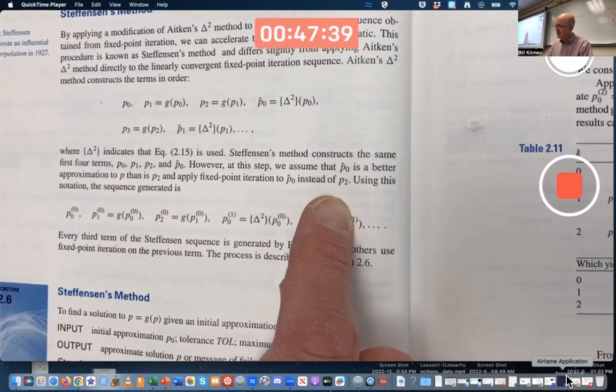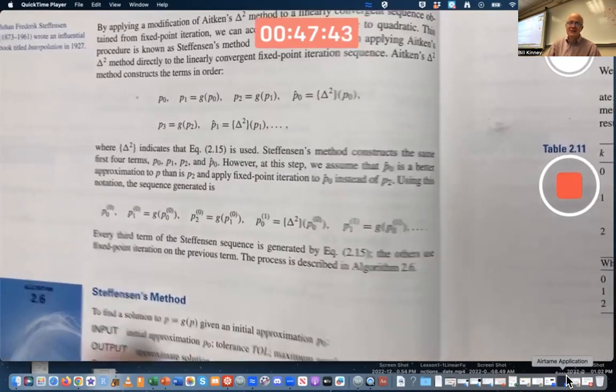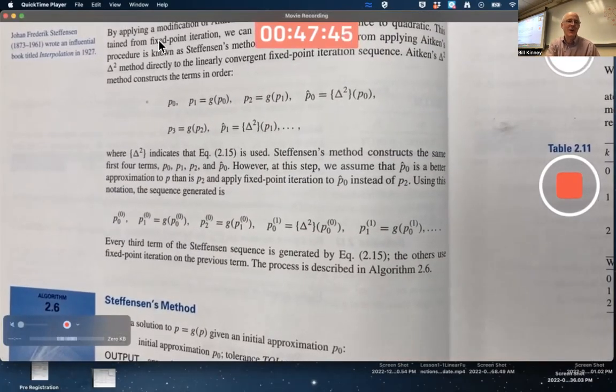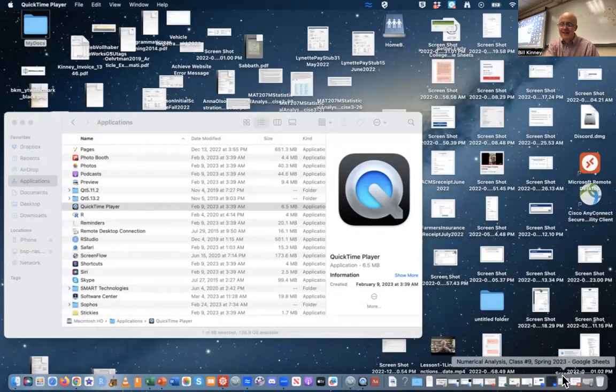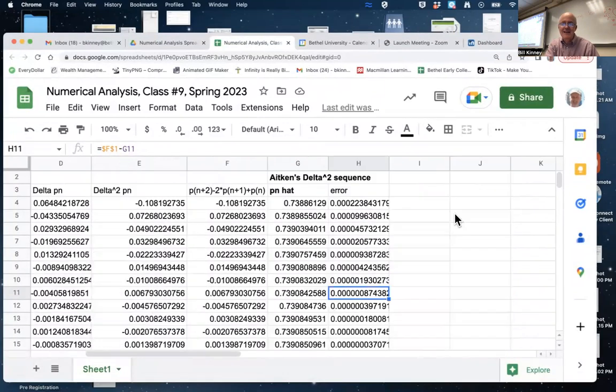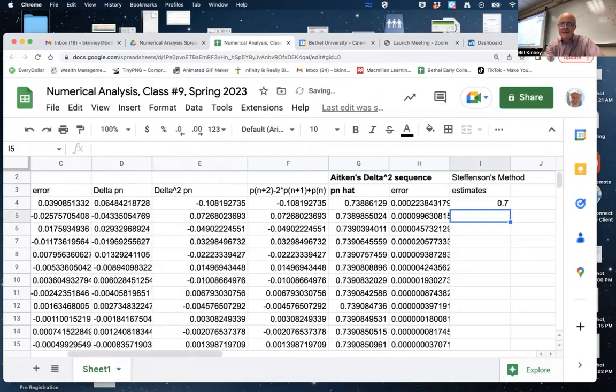I'm not going to test you on it, but what is this all saying to do? Let me just quickly summarize it in the spreadsheet. So for Steffensen's method, I'm not going to use the book's notation here. I'll just call this column estimates. Again, you can use the same P0, the same 0.7 as we started with.